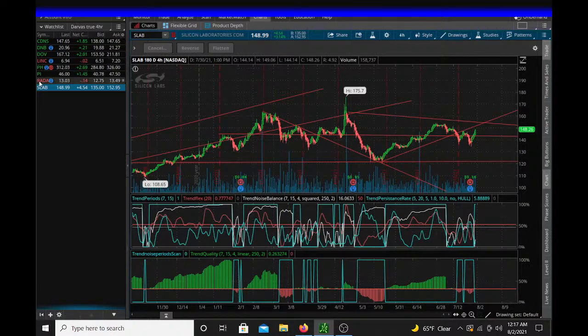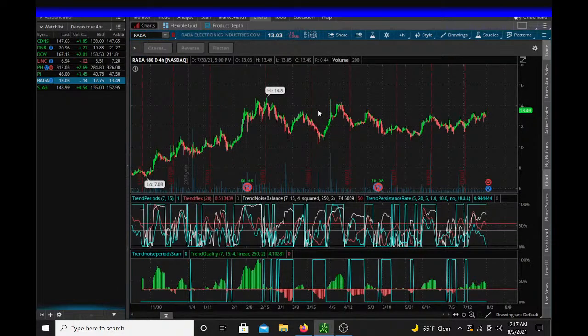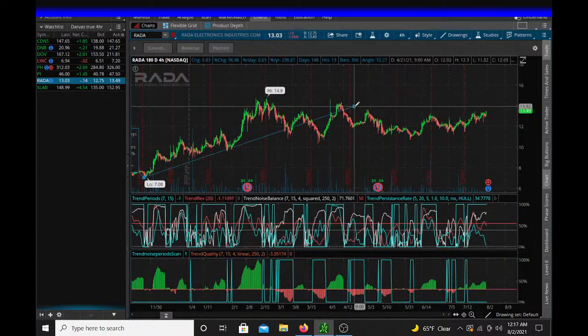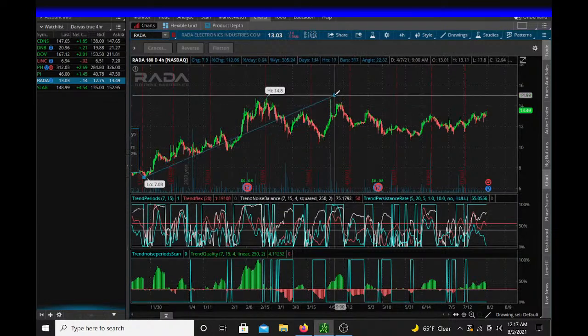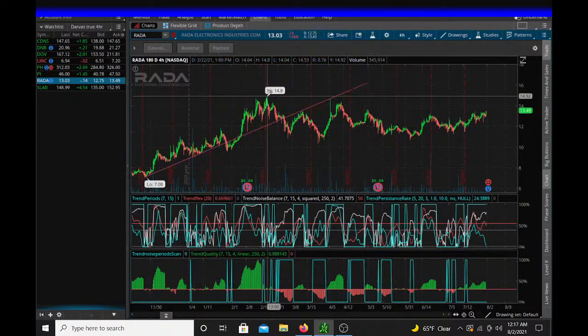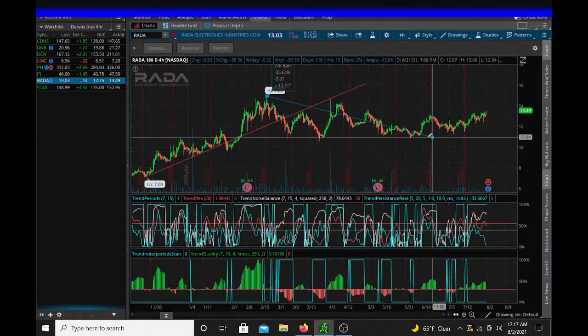All right. Let's check out RADA. This is RADA Electronics. We could go to our high, or let's see if we can find a familiar trend line. There we go. There's a familiar trend. All right, to our low, or maybe this low.